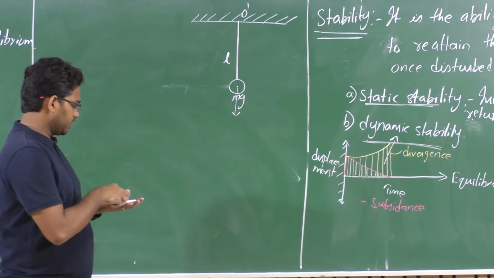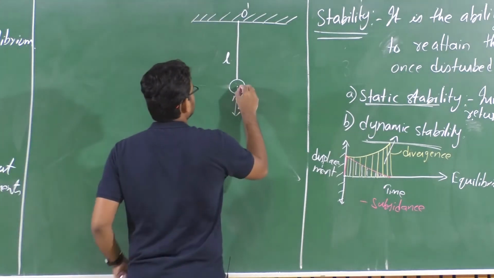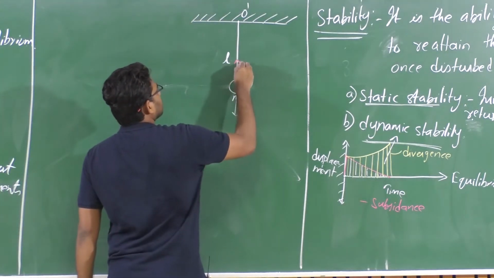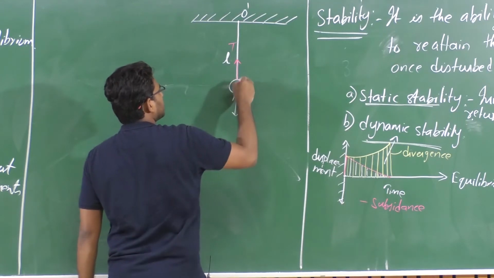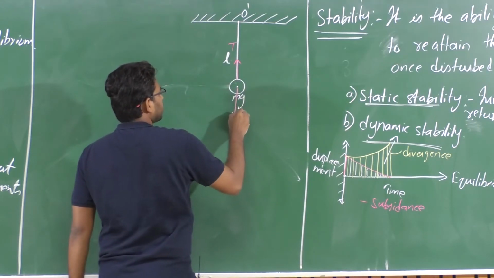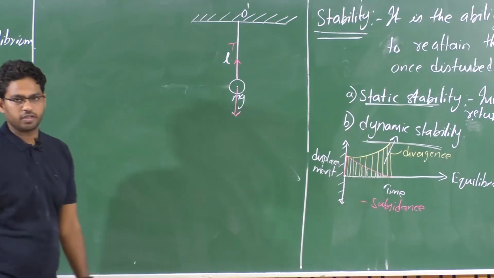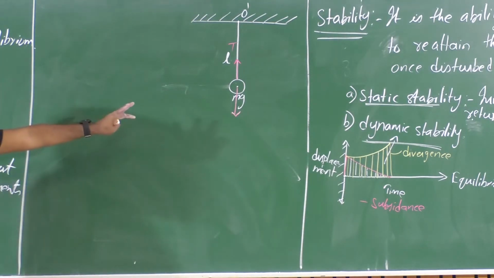In this case, the tension in this string is balanced by mg, and we can say this is an equilibrium state, right? And it is at rest, it is not moving.